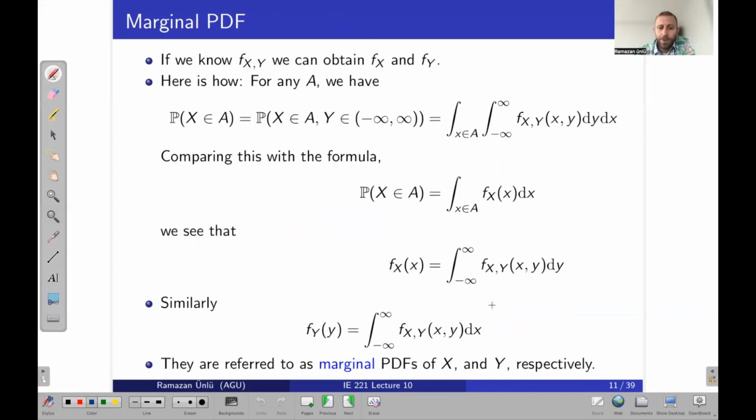So remember from the previous part, we can calculate the marginal PMF of x and y, and the same thing here. If we know the f of x and y, the joint probability density function, we can obtain the f of x and f of y. Actually, the logic is the same. In the discrete case, we will have 2 summations, and we will fix one of them.